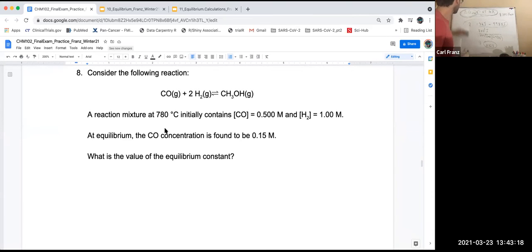So let's look at this. We have carbon monoxide, hydrogen gas, yields methanol. They say that initially carbon monoxide is 0.500.